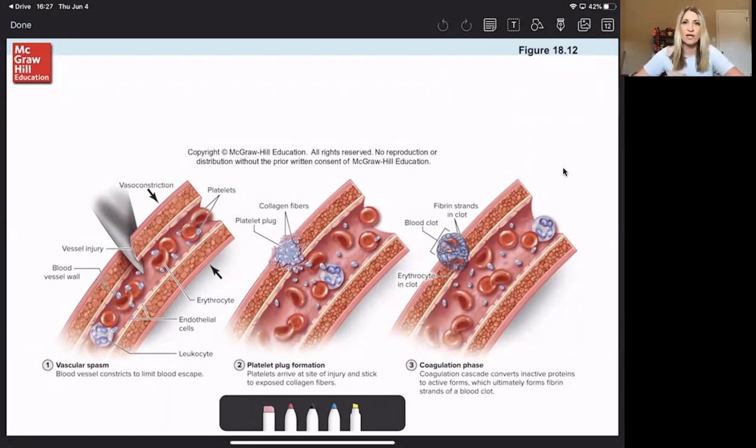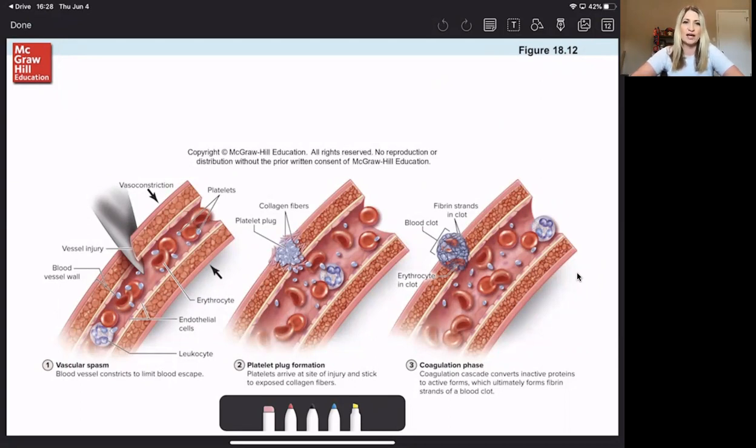Vascular spasm is initiated right after that injury, and this is to prevent loss of blood from the vessel. That makes sense. You don't want it to keep bleeding and lose a lot of blood. That's basically all we're going to say about that. When the vessel is injured, it constricts, and that limits the blood loss.